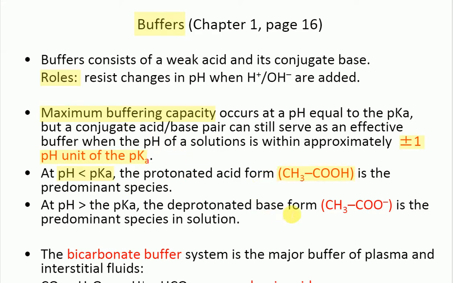When the pH is greater than the pKa, the deprotonated base form, our conjugate base, is the predominant species in the solution.